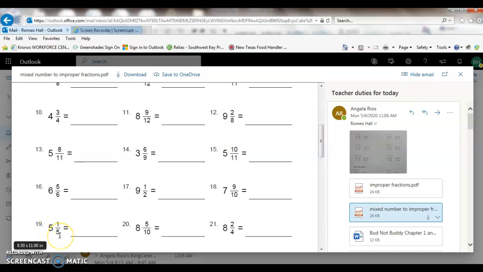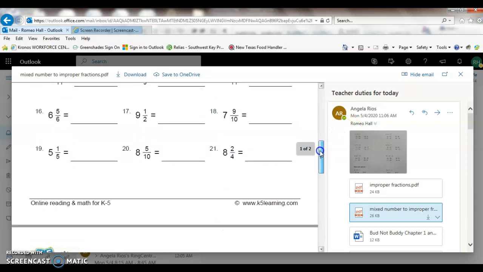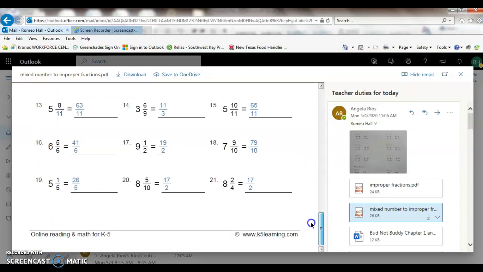Like I said, whenever you're going to get the numerator, you're going to multiply the bottom number of the fraction by the whole number, and then add the numerator. So 5 times 5 is 25, plus 1 equals 26. So now you have 26/5 for number 19, which is right there.